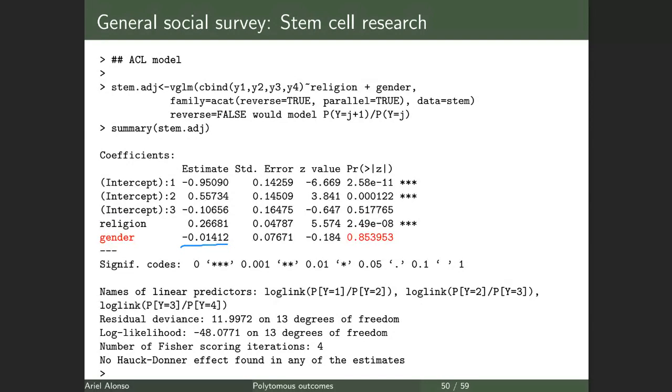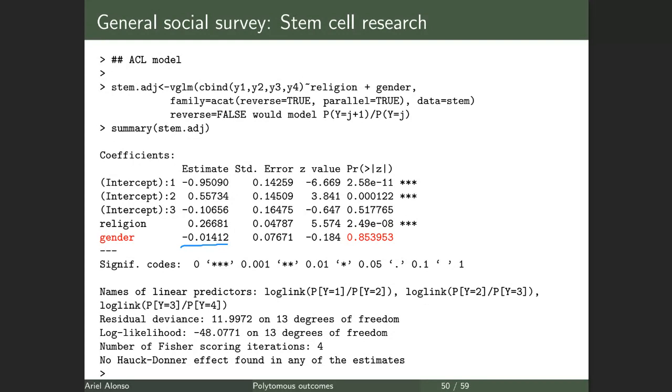And remember that here we are always modeling and comparing category J with category J plus 1. And lower J's are supporting stem cell research. Larger J's mean definitely not supporting that, not funding that type of research.